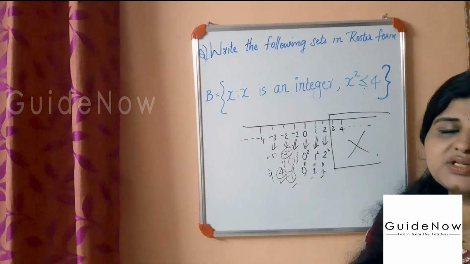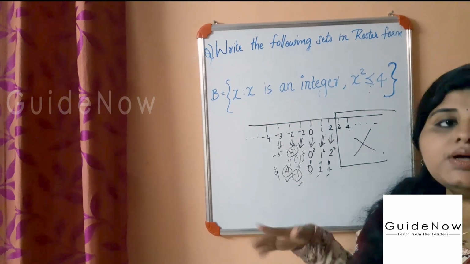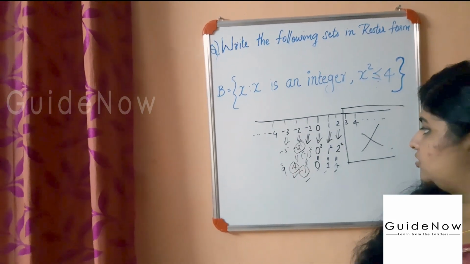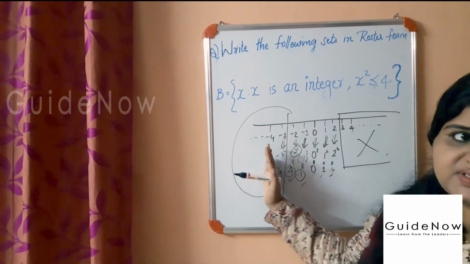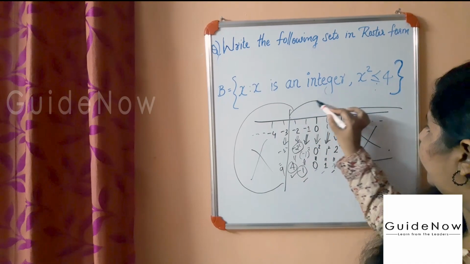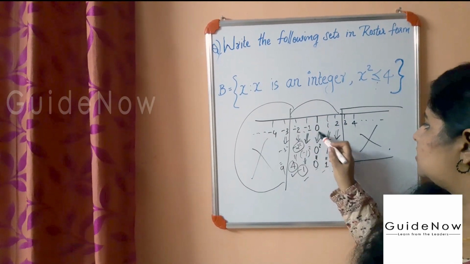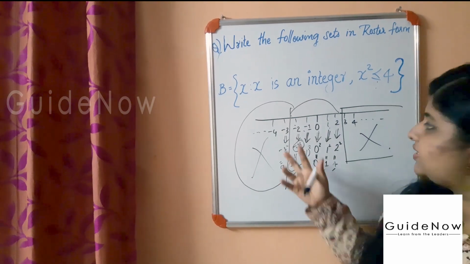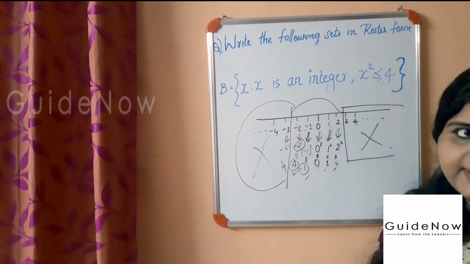Here 9 is greater than 4, so this does not satisfy the condition. So the numbers beyond these are not satisfying the condition. Up to minus 2, that means minus 2, minus 1, 0, 1, 2, these 5 numbers satisfy the condition.